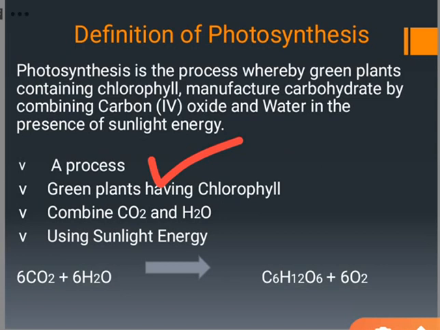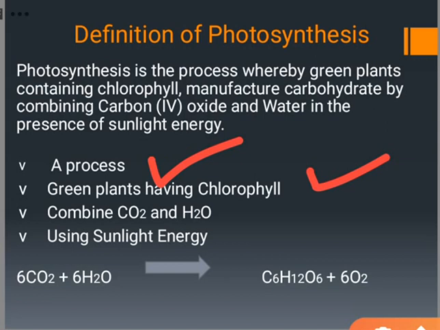Secondly, it has to do with green plants that have chlorophyll. It is these green plants that combine carbon dioxide and water, which are the raw materials, and they use sunlight energy for this process.